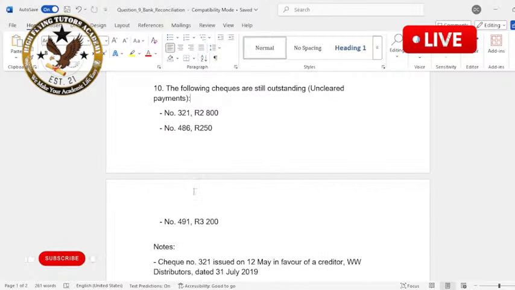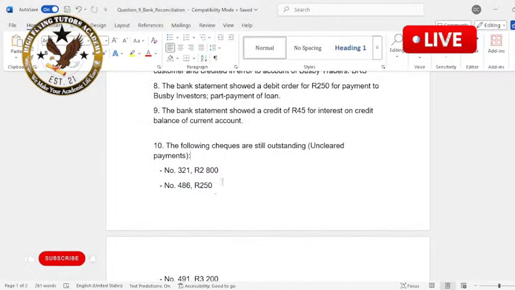So now we have got this, and when they say these are outstanding checks or uncleared payments, it means that the payments are not cleared by the bank. So if the payments are not cleared by the bank, we are going to indicate to the bank through BRS that, hey, fix this, clear these payments. So this transaction goes to the BRS.